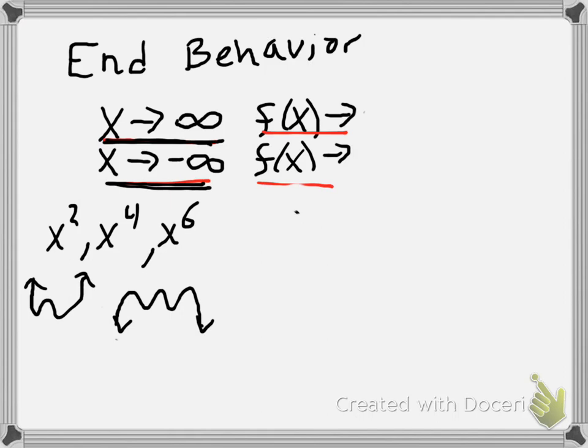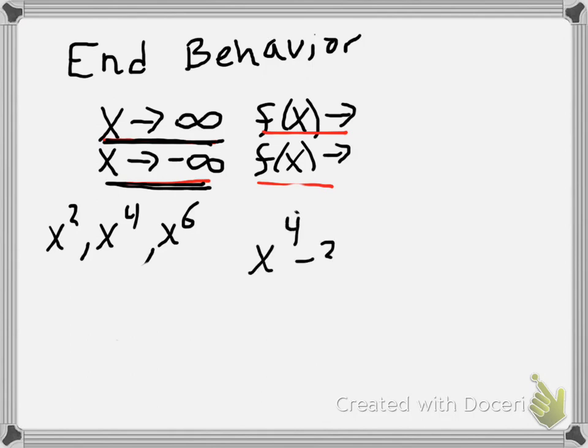So they're either both going to be positive infinity and positive infinity, or negative infinity and negative infinity. The way that you tell if they're going to positive infinity or to negative infinity is if the function is positive, so like, I don't know, x to the fourth minus 3x squared plus 2.